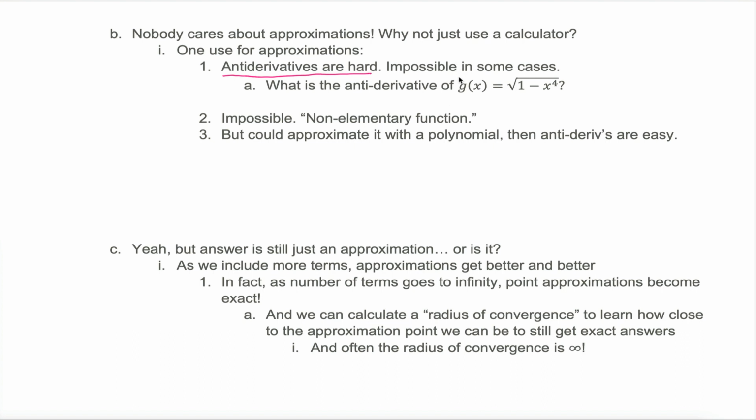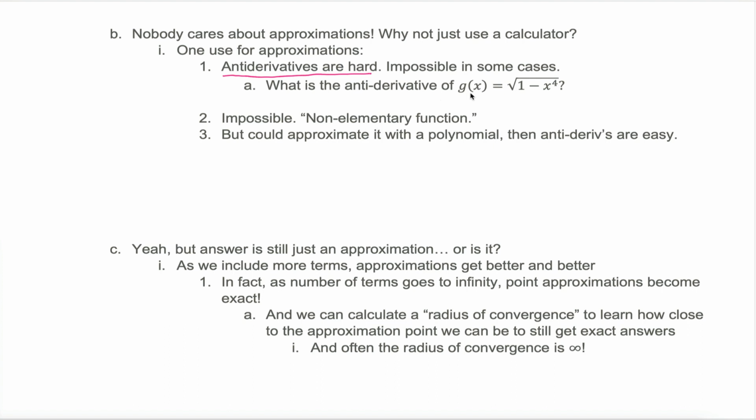And somewhat interestingly, the antiderivatives of some functions are not just hard, but actually impossible. And I don't mean impossible like so hard that it's not realistically possible to do. I mean impossible in the sense that there is no function that represents the antiderivative of some functions. I have to be a little bit careful when I say there is no function. Really, there's no elementary function, but what you think of as a function is an elementary function.